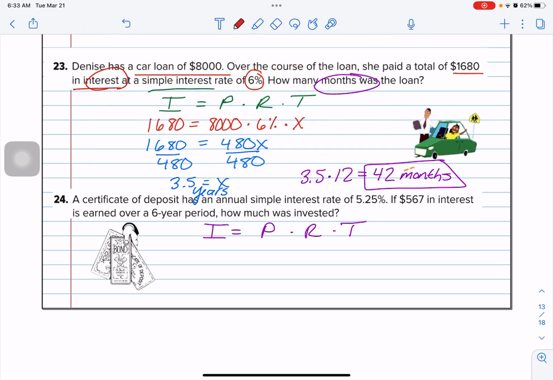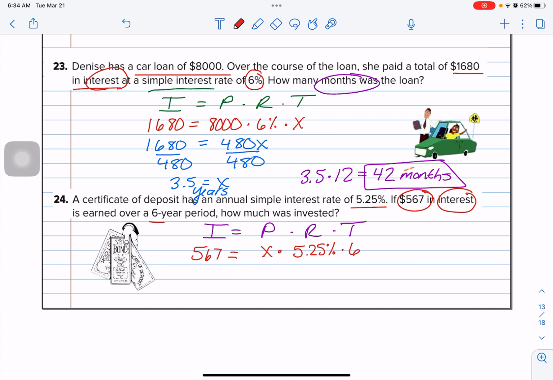Well, the simple interest rate of 5.25%, that would be your R. So I put my 5.25% with the percent sign underneath it. If 567 in interest is earned, that means my I would be 567. Over a 6-year period, that's going to be my T. Now I'm solving for the P, how much I invested, the principal amount.